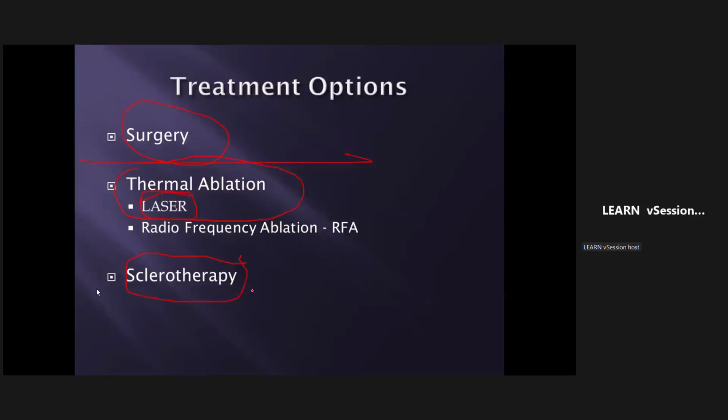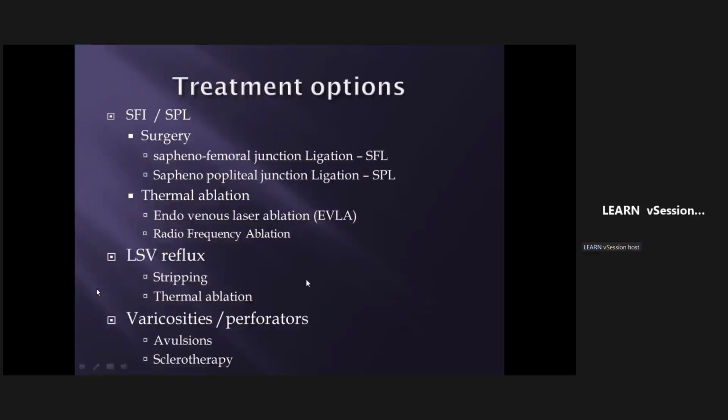Let's look at this. So the general principle, in this slide, is if a patient has SFJ incompetence and long saphenous vein reflux, that vein needs to come out. So they need laser energy to ablate the long saphenous vein.